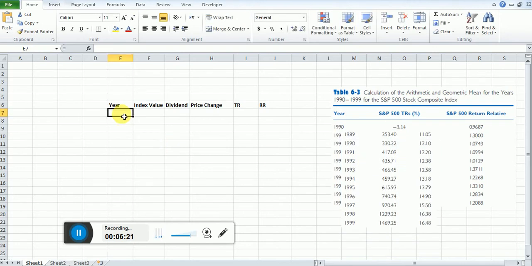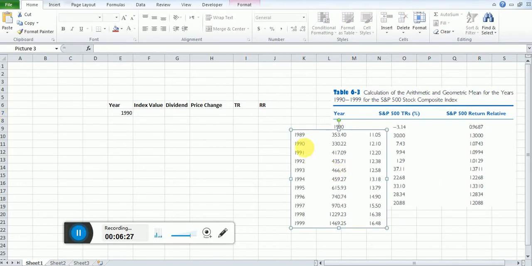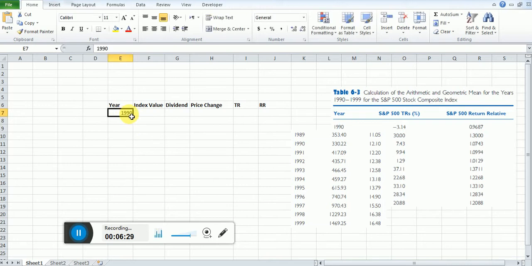Look in this table, we have 1989, and then 1990, and drag it down to 1999.